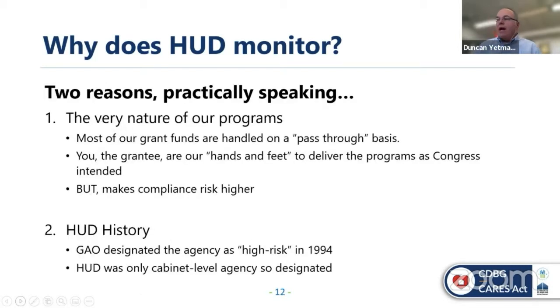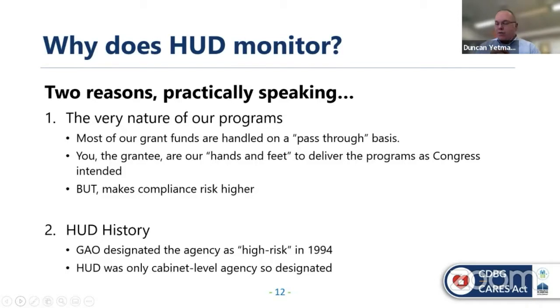There are two reasons practically why HUD, and particularly CPD, is so concerned about monitoring. One is the very nature of our programs. HUD, and particularly CPD, differs from other federal agencies in that most of our grant funds are handled on a pass-through basis.